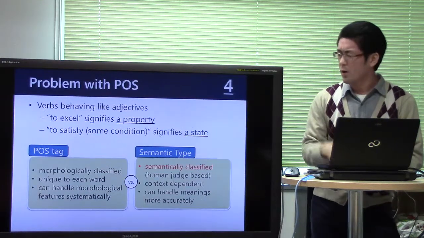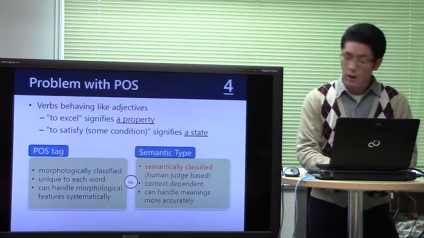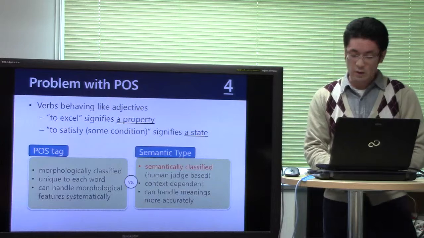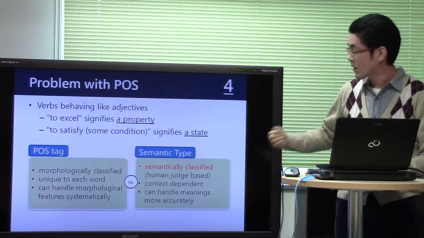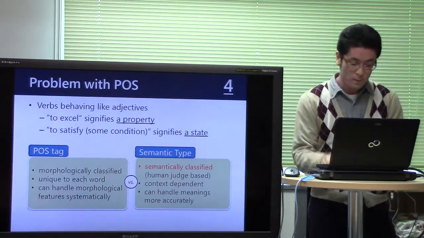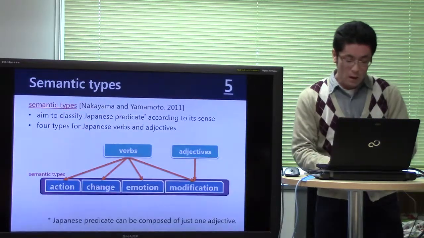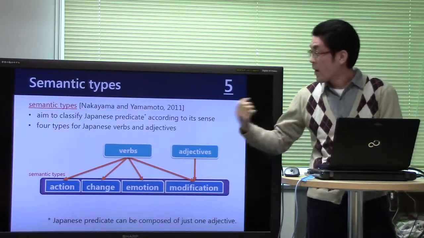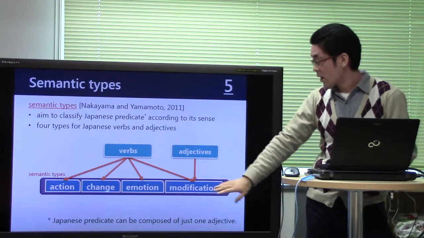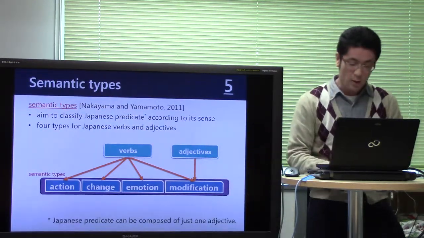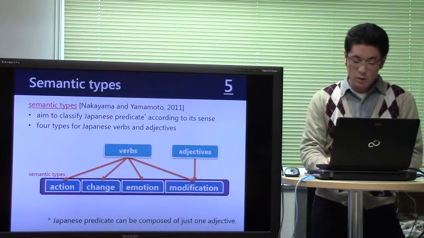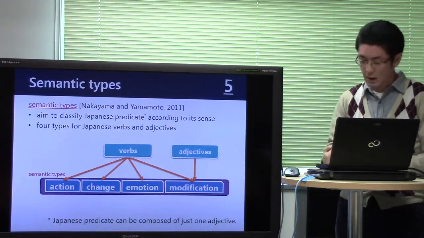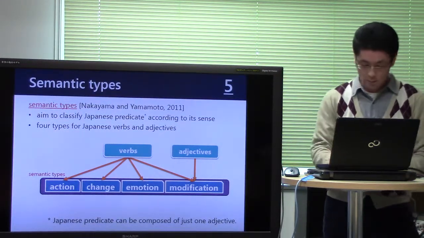In contrast with part of speech, the semantic types are classified based on only semantic criteria. The semantic types have 4 types: action, change, emotion, and modification, which signify the predicate's semantic feature.